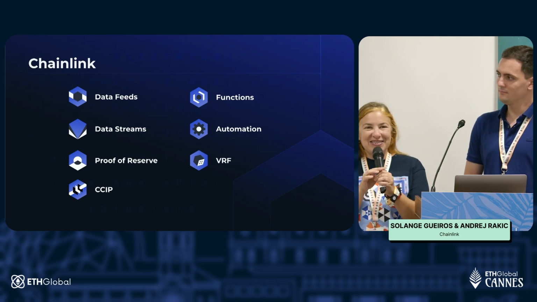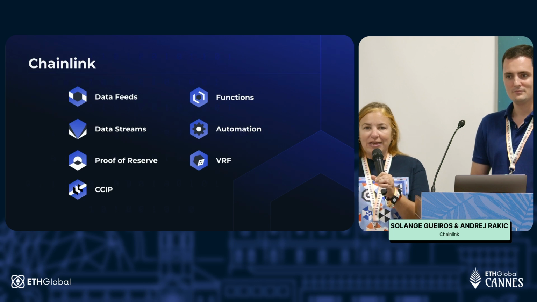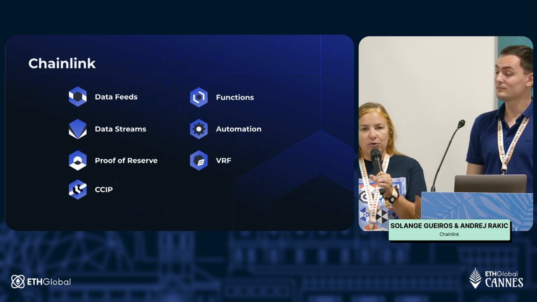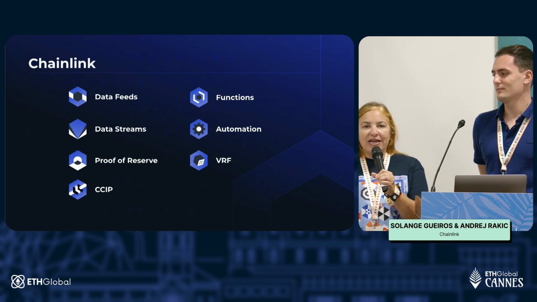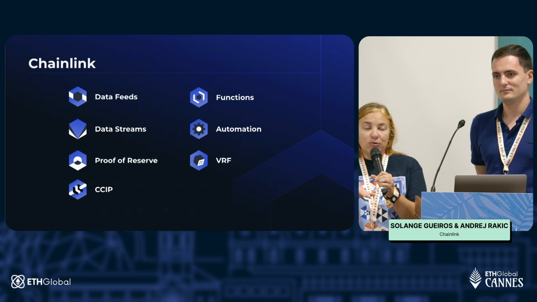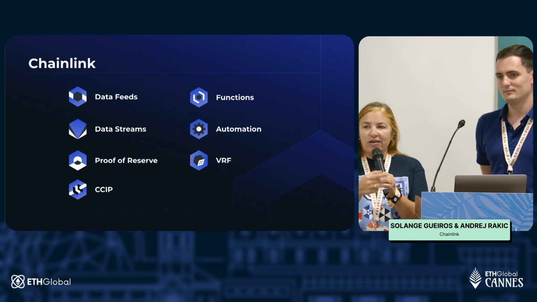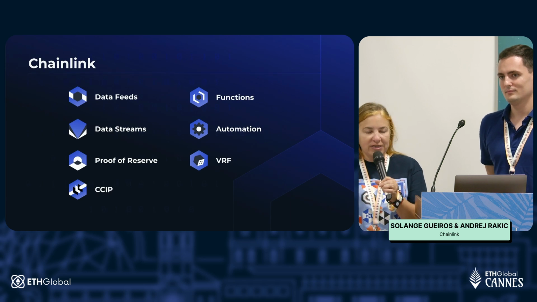And also you could use Automation to automate any function that you'd like to call inside your smart contract. It can be time-based, it can use a trigger with conditions that you defined, or you can even use a log event in another contract to trigger something. This is the way that you can automate your smart contract.